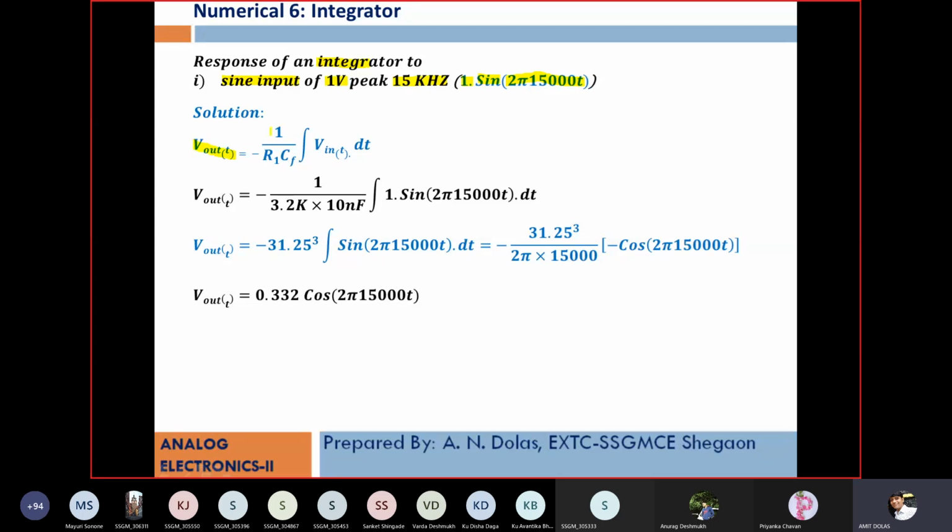So the output formula is minus 1 over R1 CF integral of Vin dt. Putting all values, R1 is 3.2K, we already calculated, CF is 10 nano, minus sign as it is here, integral of 1 sine of 2 pi 15,000 t dt.